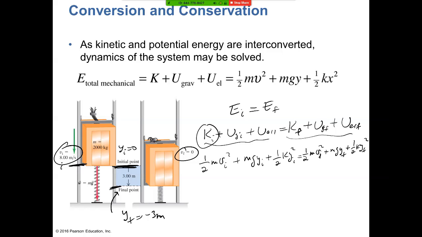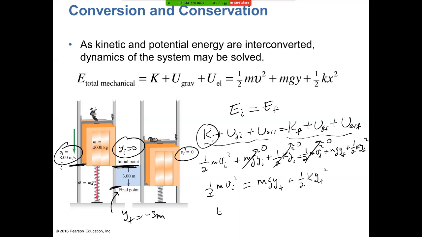Then from here I can simplify. My initial position is 0, which means this term is 0. And since that's also the unstretched spring, that's also my equilibrium, so this is 0. When I get to my final position, there is no speed, so that term is 0. That means what we have here is 1/2 mv initial squared equals mgy final plus 1/2 ky final squared.